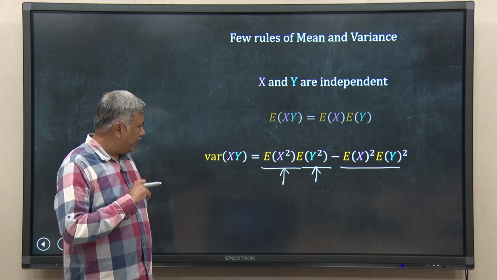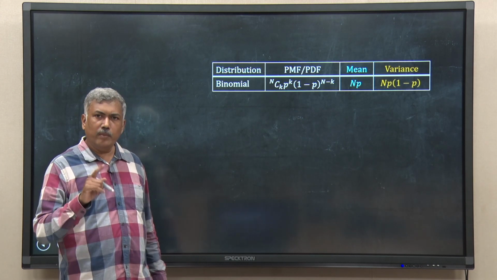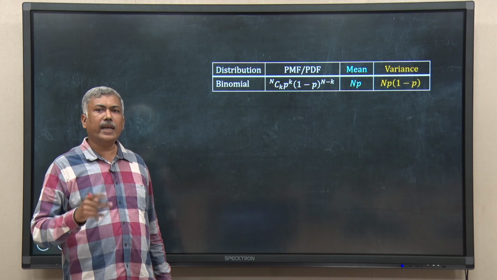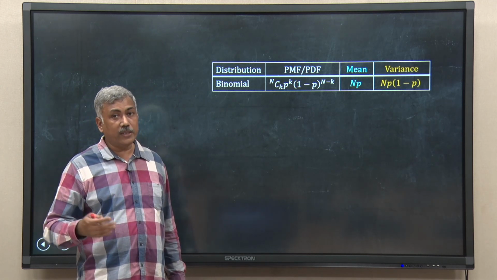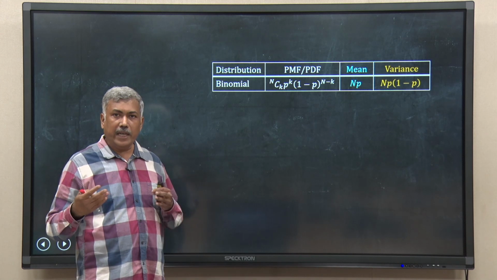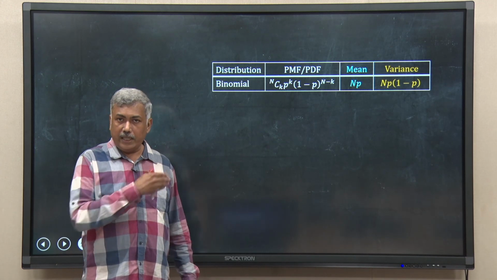Now let us move to something else which is connected to the same concept of moment. If you remember, I said I want to understand the mean and variance in terms of moments, because, one, it helps us combine different data and calculate the mean and variance for them using those rules I discussed just now.